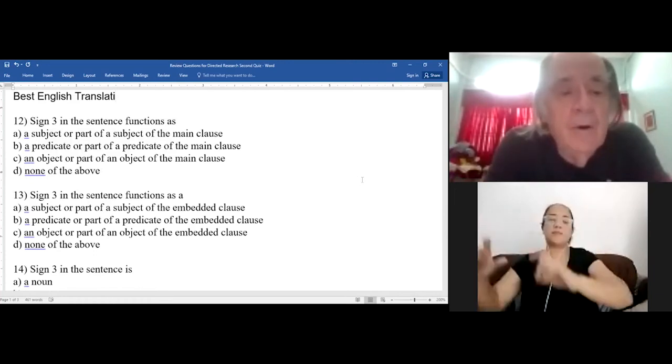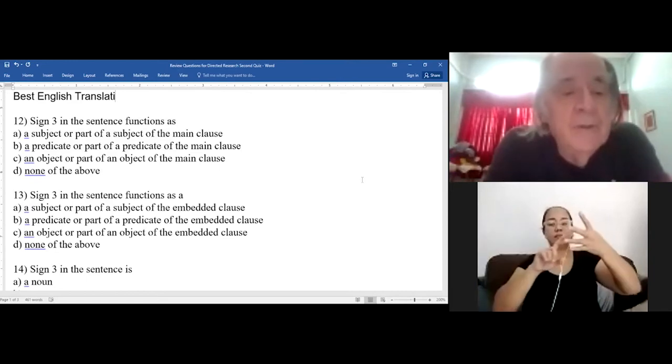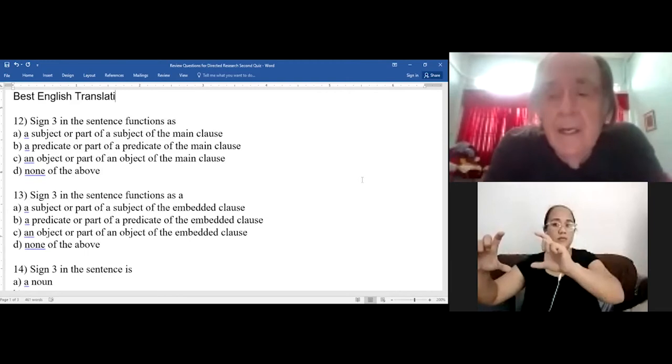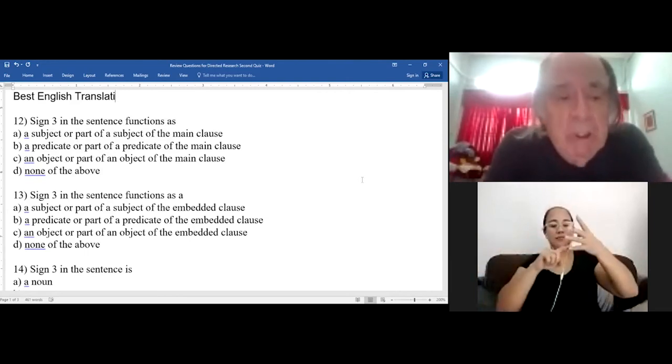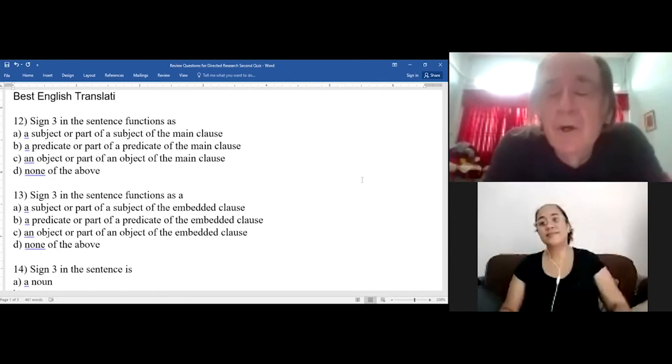B, a predicate or part of the predicate of the main clause. C, an object or part of the object of the main clause. D, none of the above. Meng and Ray are B. Renz is A. Patrick is D. Peebs is D. D is correct.